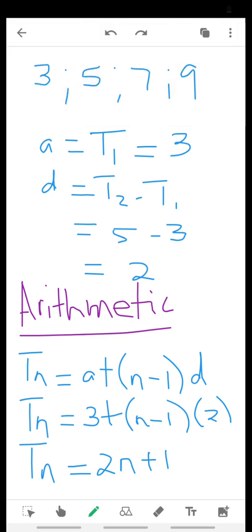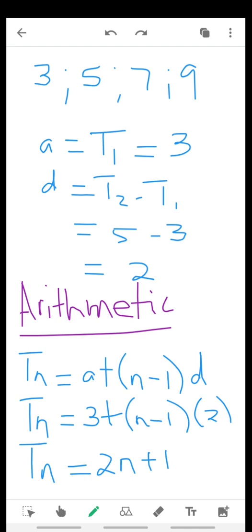Okay, then what is our d? Our d will be found by saying t2 minus t1. You can also use t3 minus t2 or t4 minus t3. So I used t2 minus t1 and I said 5 minus 3 and my answer was 2. That's my common difference. So using the formula for the arithmetic, Tn equals a plus n minus 1 times d. What is my a? The first term, and that is 3.